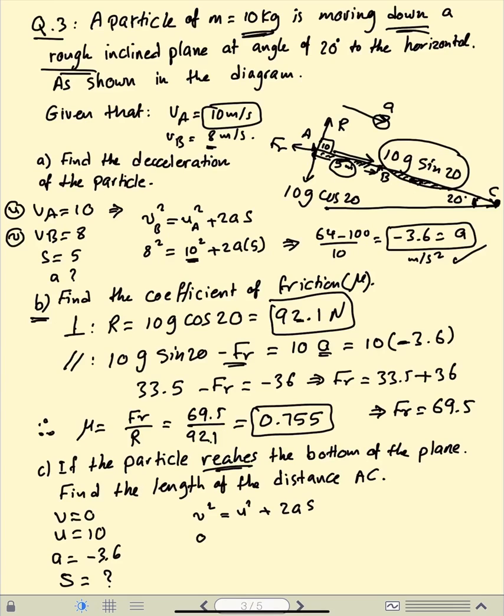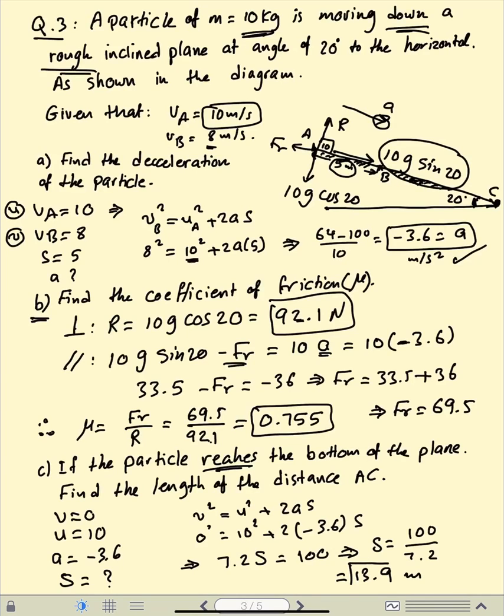V squared, which is 0 squared, equals U squared, which is 10 squared, plus 2 times negative 3.6 S. So this times this is 7.2, S is equal to 100. So S is equal to 100 divided by 7.2, which is 13.9 meters to 3 significant figures. This is the distance AC.